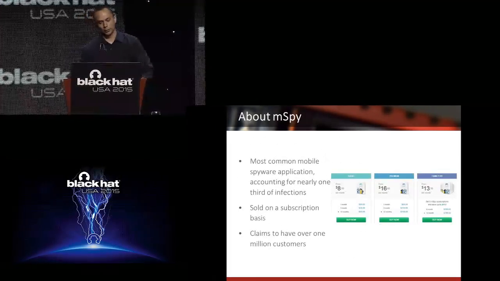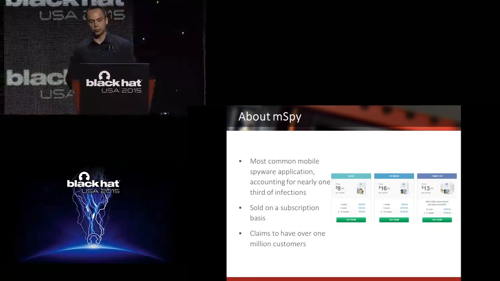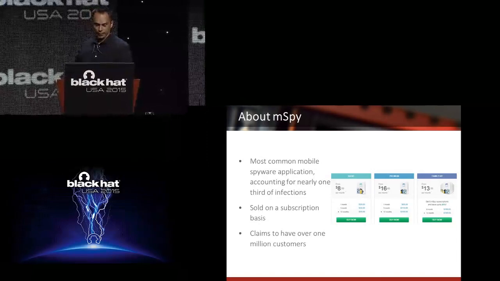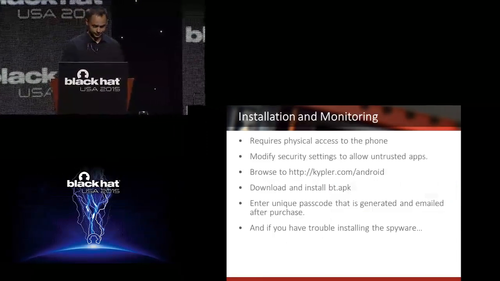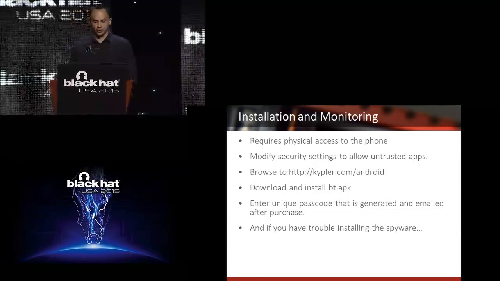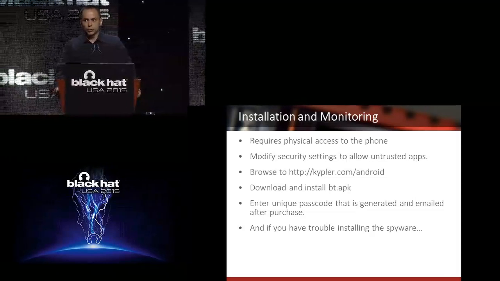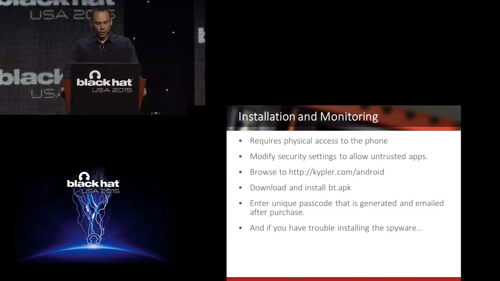So, about mSpy. Again, it is the most popular spyware program, sold on a subscription basis, relatively inexpensive to buy. They also claim to have over 1 million customers. To install mSpy, you need physical access to the phone. For Android, you have to modify the security settings to allow untrusted apps, browse to the website, and download and install the APK.